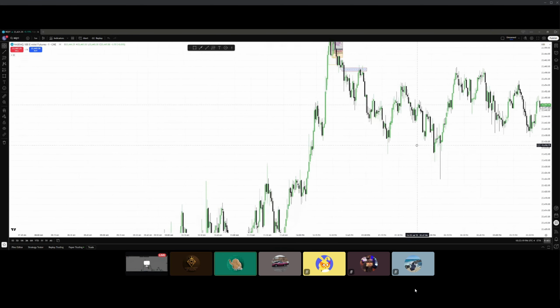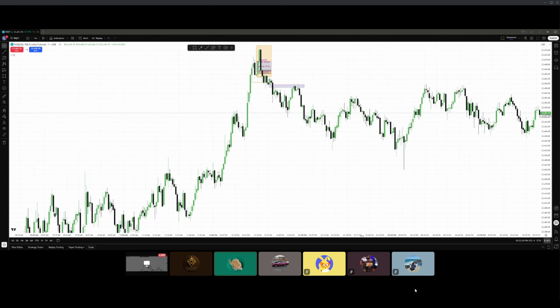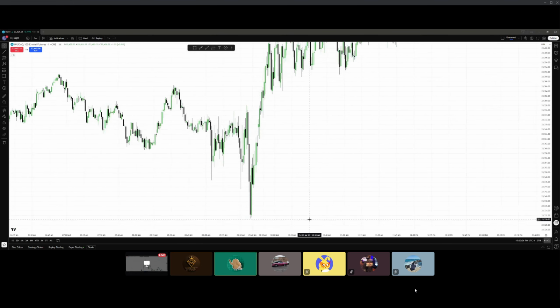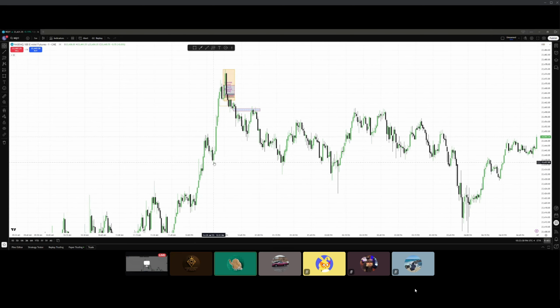But the thing is, I tell you guys, don't get too greedy. Don't think the market's just going to come and wipe all this all the way down to here because you don't know that. It could have easily just stopped here and then reversed. A lot of people take an entrance, and this is why it's good with minis or micros: you can buy 10 micros and then take a partial at this low.